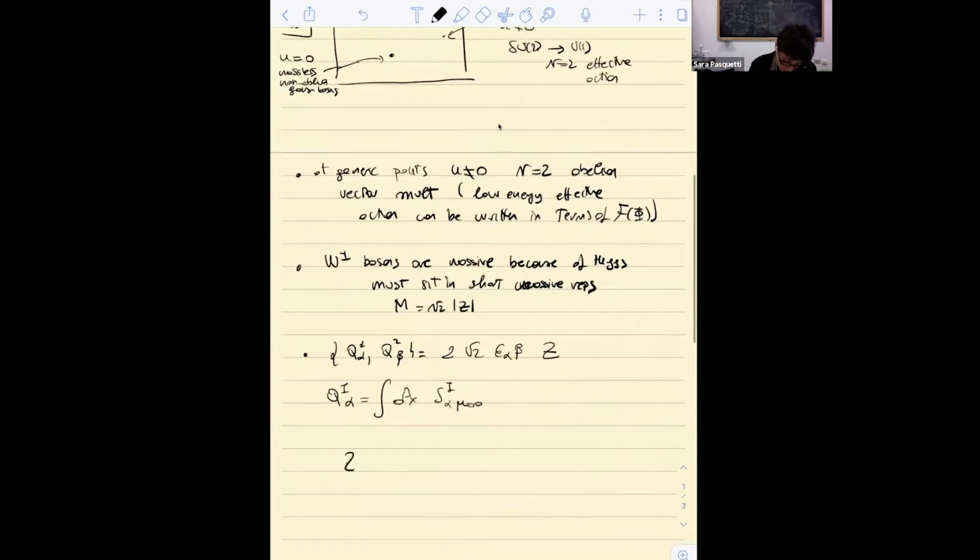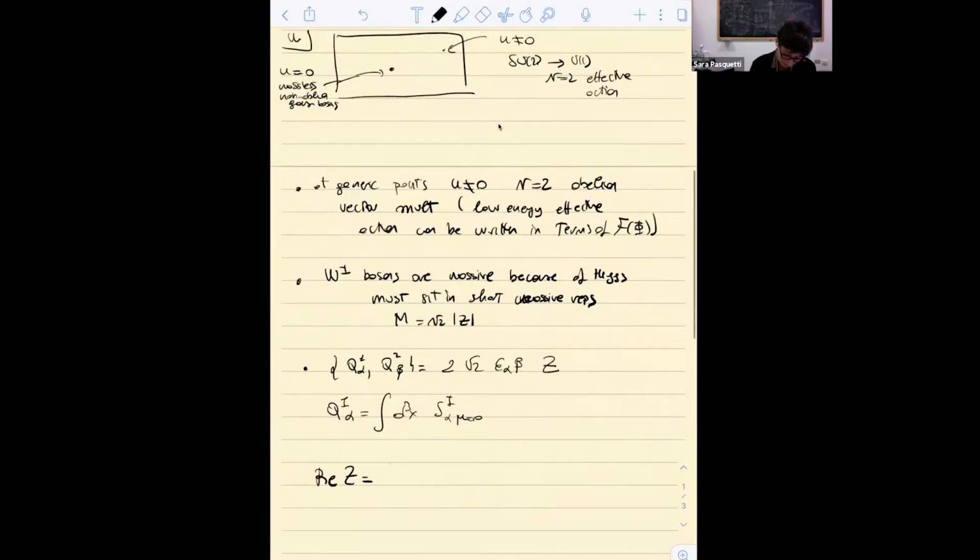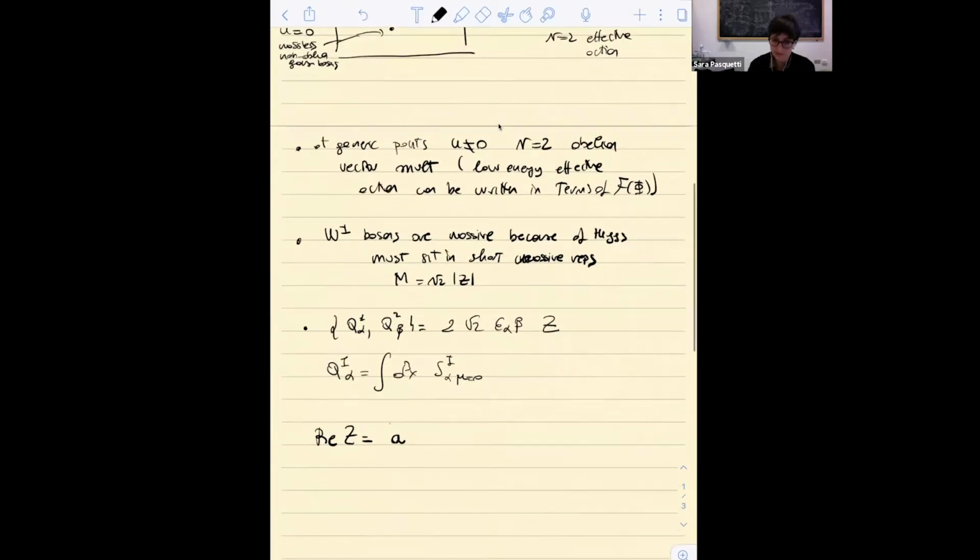And Olive and Witten showed that the real part of this central charge is equal to a, which is the VEV of the scalar, times the number of units of electric charge, whereas the imaginary part of the central charge is proportional to tau classical and the number of units of magnetic charge.